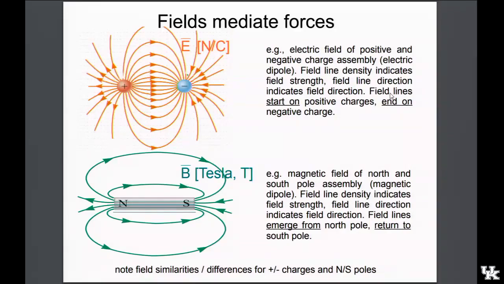If you look at the North Pole, the field lines are coming out, emerging at the end of the North Pole. And that's a characteristic of North Poles. Every bar magnet, every North Pole, has field lines coming out of the North Pole. At the South Pole, the field lines appear to head into the South Pole of the bar magnet. And that's true of every bar magnet.